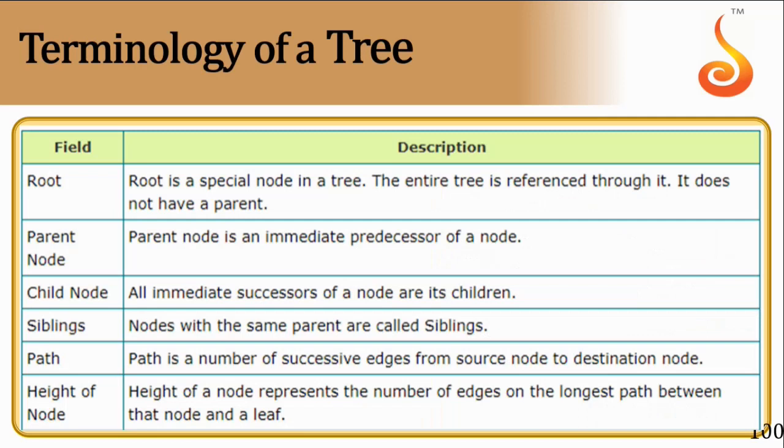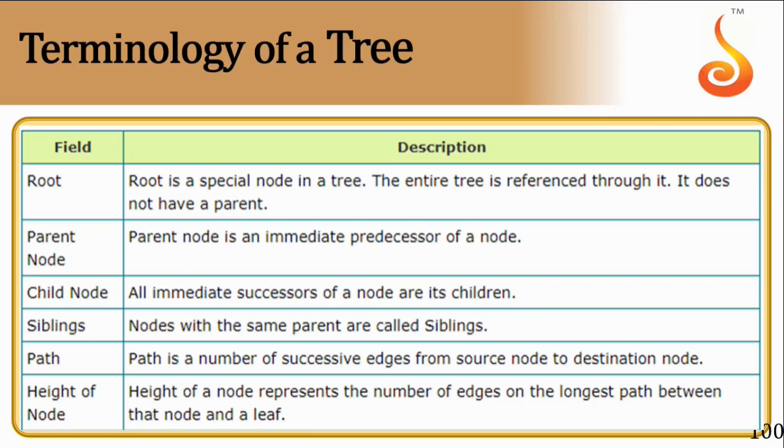Each element of a tree is called a node of a tree. It stores data and has links to other nodes. If you are using a linked list, you will be using a doubly linked list representation.